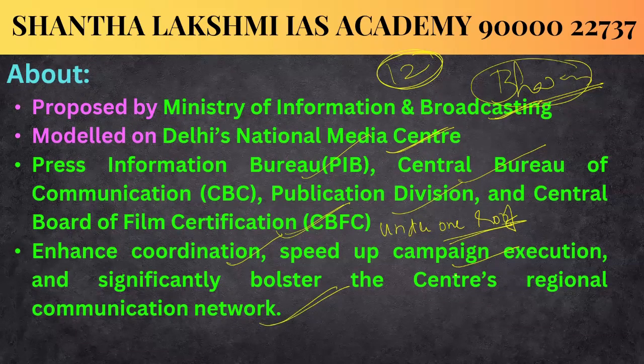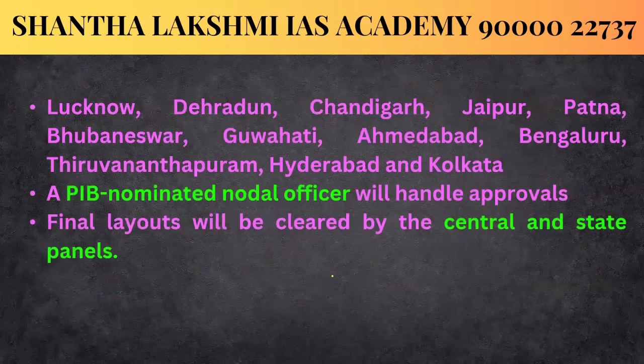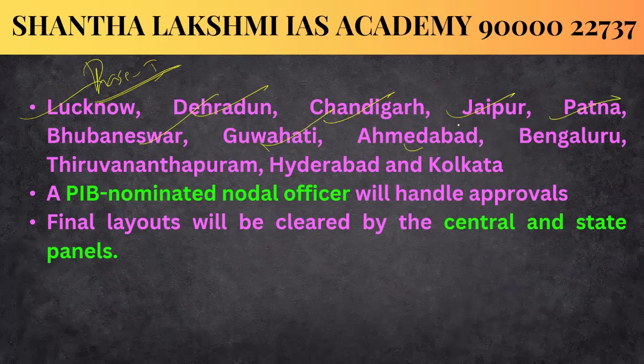It is mainly for strengthening the communication network across the regional centers. In phase 1 it is going to be constructed in Lucknow, Dehradun, Chandigarh, Jaipur, Patna, Bhubaneswar, Guwahati, Ahmedabad, Bangalore, Thiruvananthapuram, Hyderabad and Kolkata.